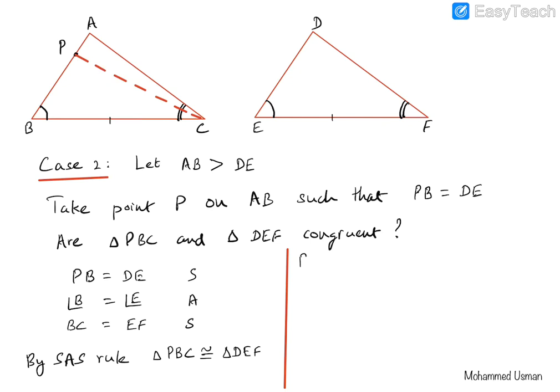Since the two triangles are congruent, by corresponding parts of congruent triangles, CPCT, angle PCB must be equal to angle DFE. Because we have now shown these two triangles are congruent when PB is equal to DE.